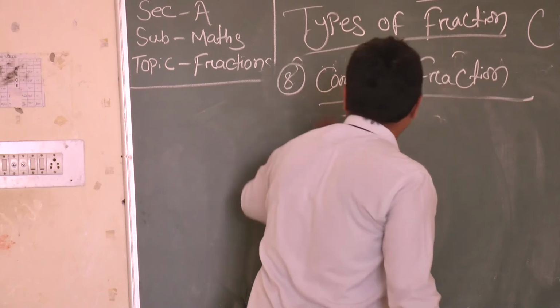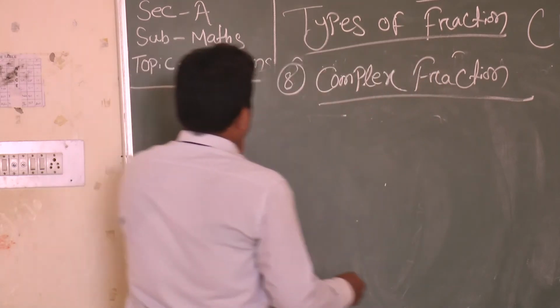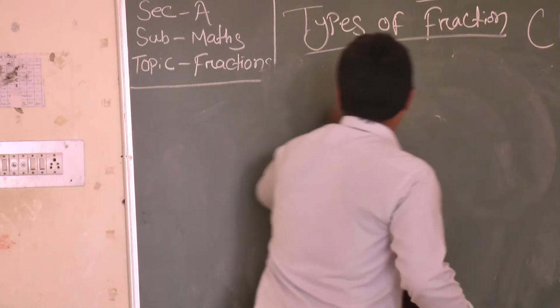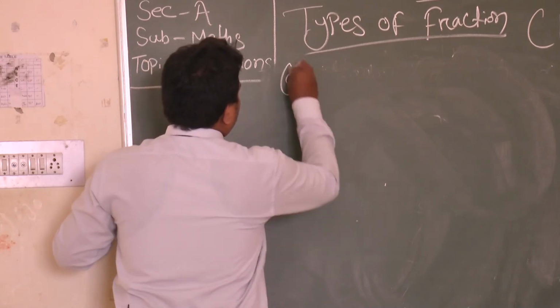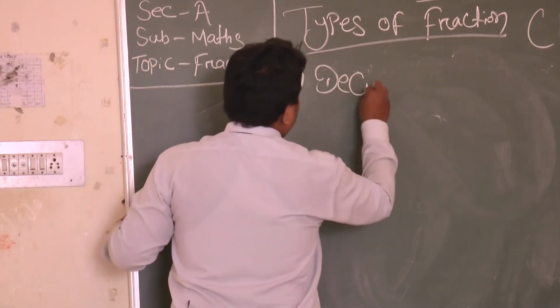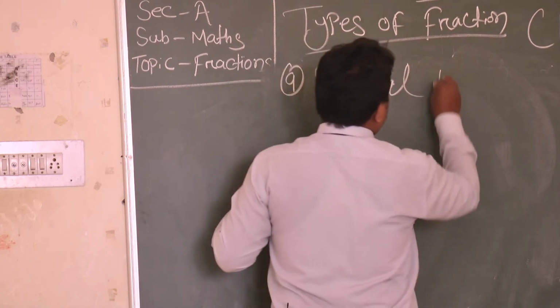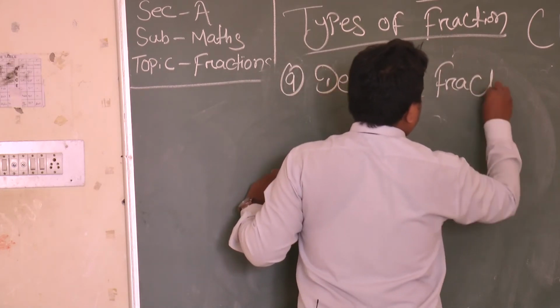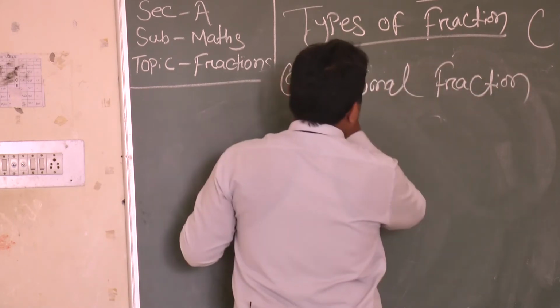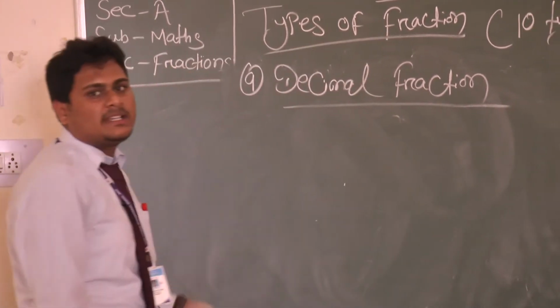Okay, about the 9 number, that is the decimal fraction. What do you mean by decimal fraction?